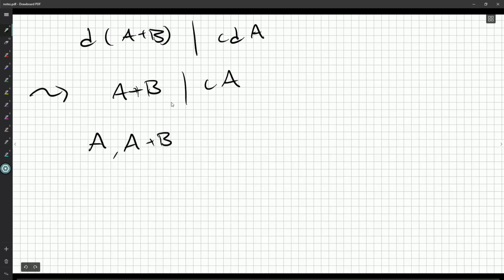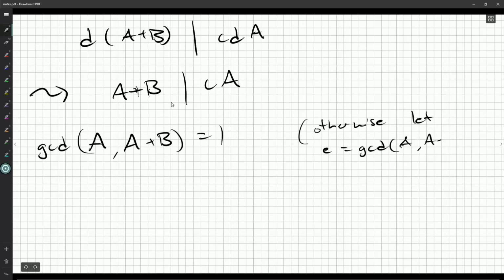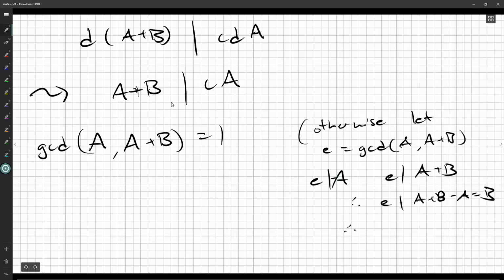A and A plus B, the GCD of A and A plus B must be 1. Otherwise, let E be the GCD of A and A plus B. So E would divide A, E would divide A plus B, therefore E would divide A plus B minus A, which is equal to B, therefore E divides A and B, therefore E has to be equal to 1, because I already said the GCD of capital A and capital B must be 1.